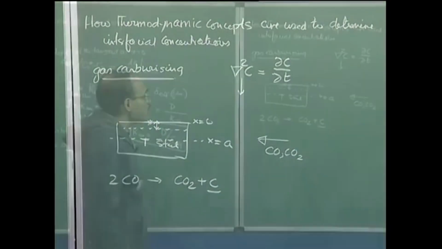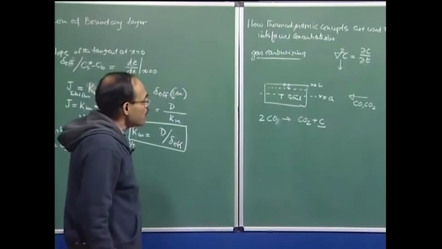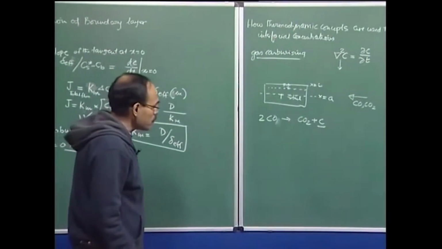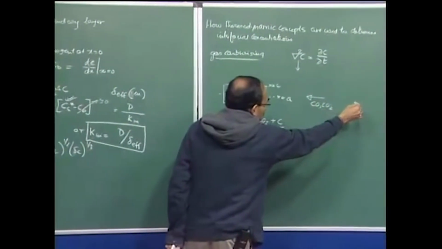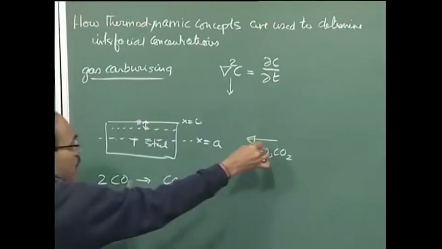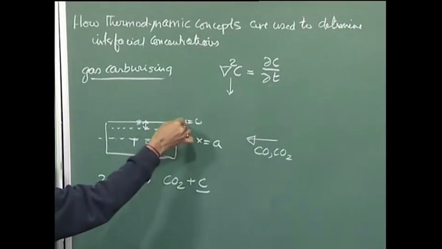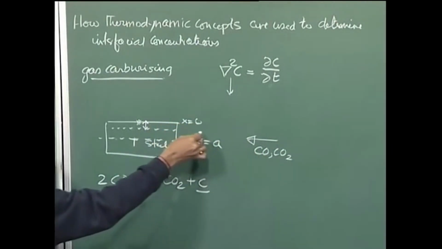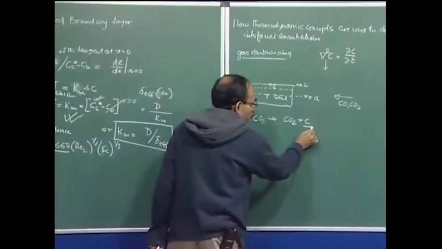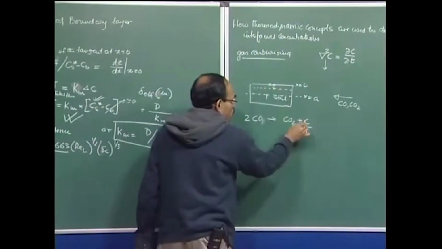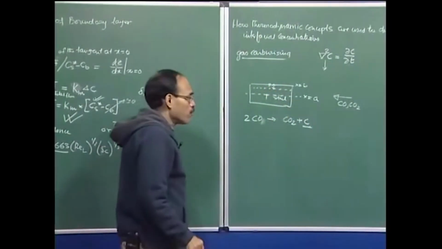The carbon monoxide carbon dioxide mixture enters into the furnace, then the carbon monoxide reaches the surface. At the surface, this chemical reaction takes place, and thereafter this carbon which dissolves into the solid starts diffusing.